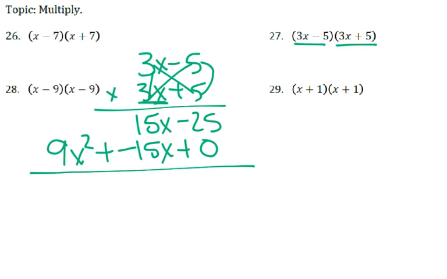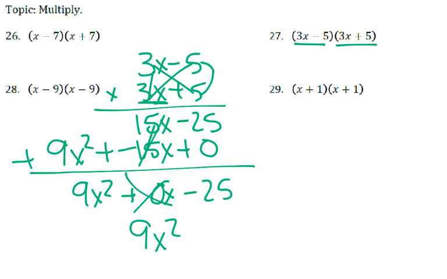Then we just add those. Negative 25 plus 0 is negative 25. Positive 15x plus a negative 15x, that's 0x. 9x squared. So get rid of that, we get 9x squared minus 25. So you can use any one of those to help you do it. Okay? Any one of those methods.